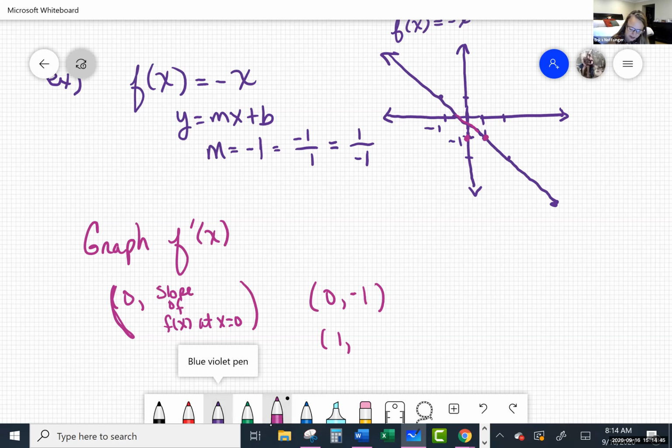And then when my point is 2, my slope is still -1. Here at -1, my slope is still -1. So I notice that the points of my f prime of x are giving me a horizontal line. So this would be f prime of x, which equals -1.